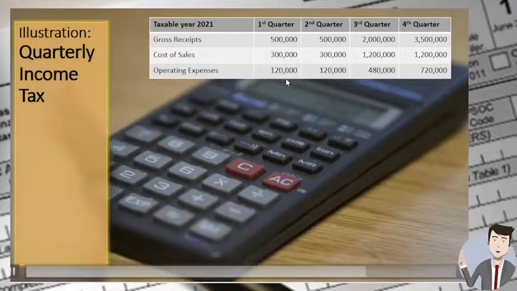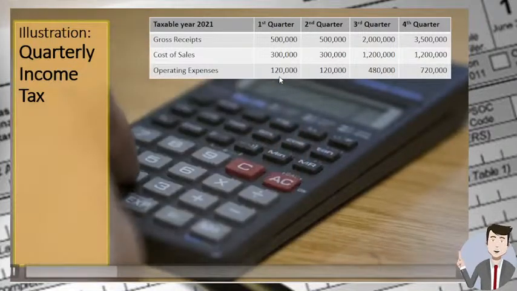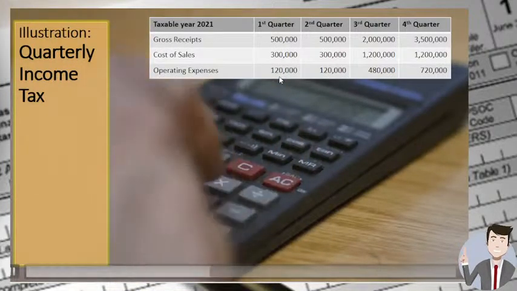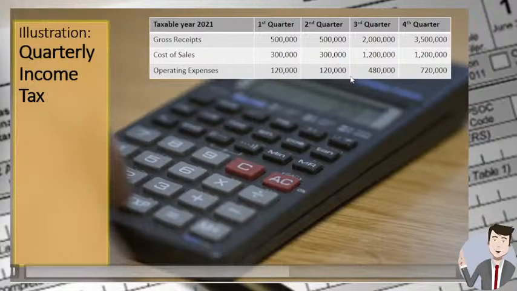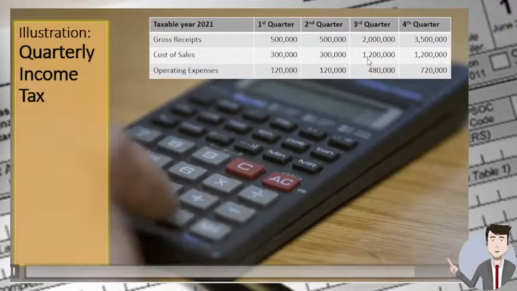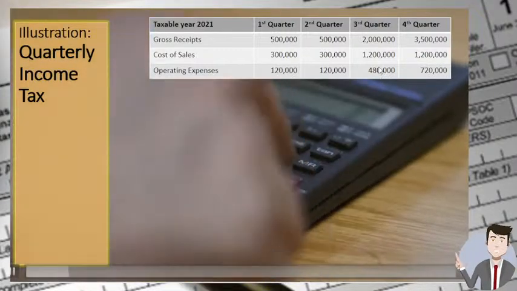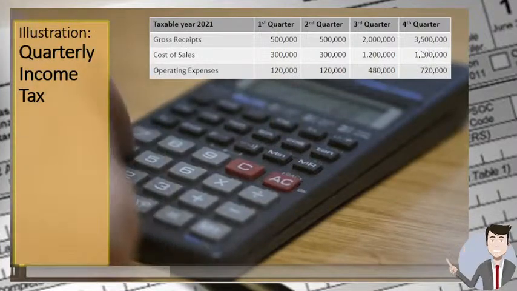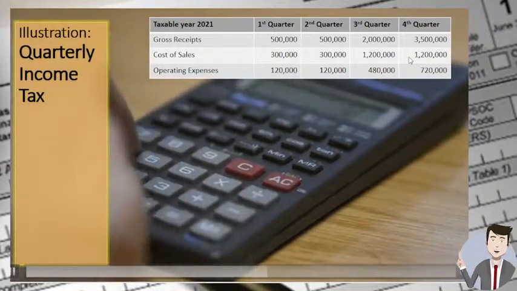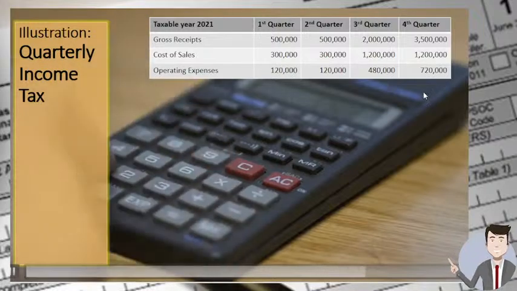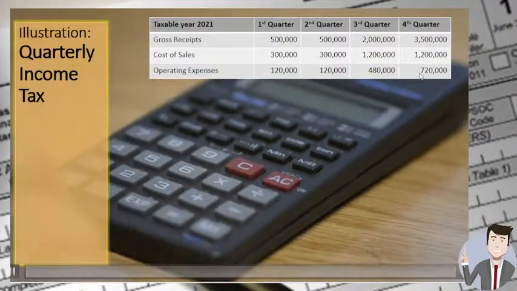Then the respective costs and expenses are 300,000 and 120,000 for the first quarter, 300,000 and 120,000 as well for the second quarter, and the third has 1.2 million and 480,000 operating expenses. For the fourth quarter, the cost of sales is 1,200,000 and operating expenses is 720,000.